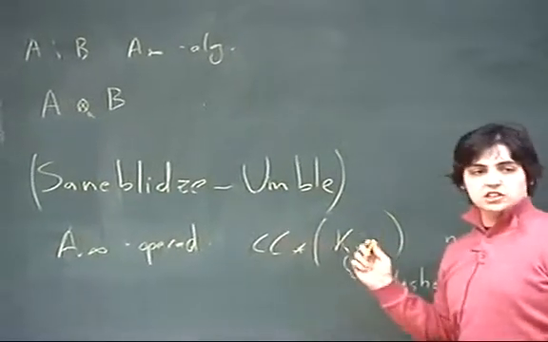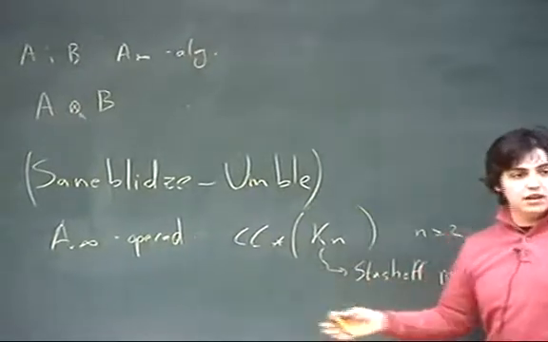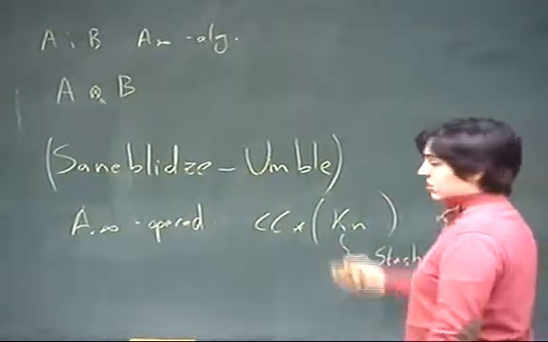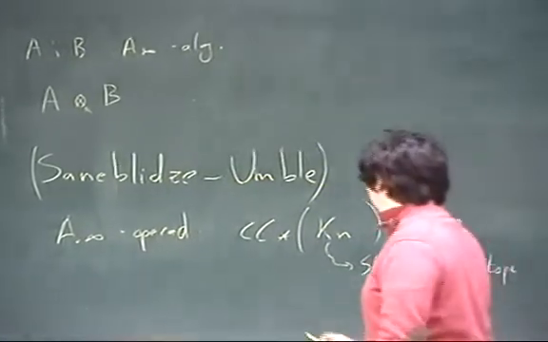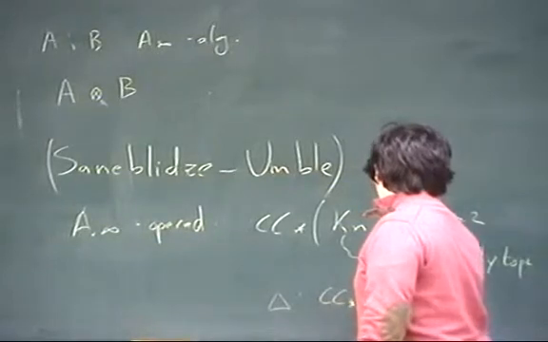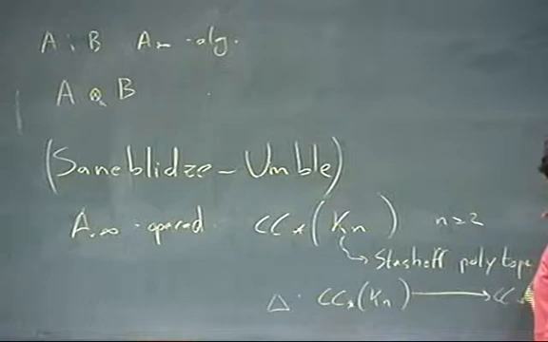Then you take the cellular chain complex of that, and this is indexed by planar rooted trees. So if you think of this in these terms, the only thing you have to do is find the diagonal of this operad.